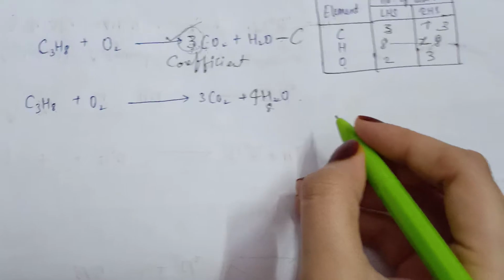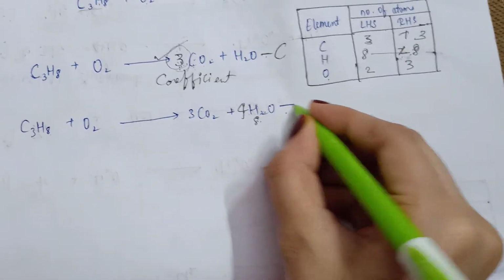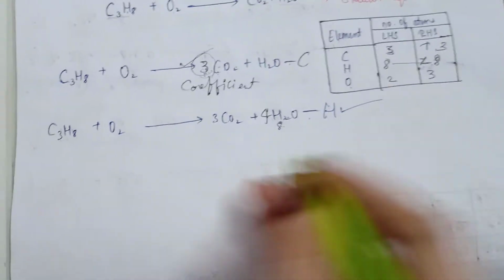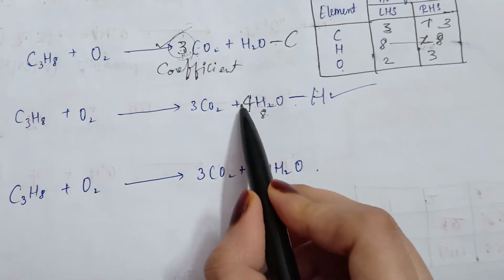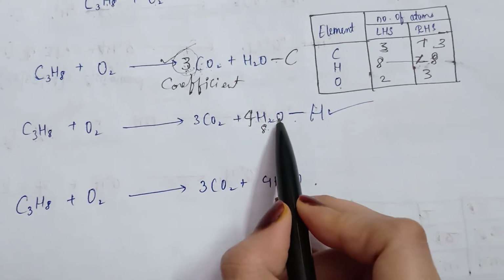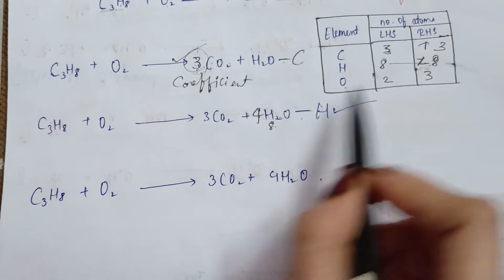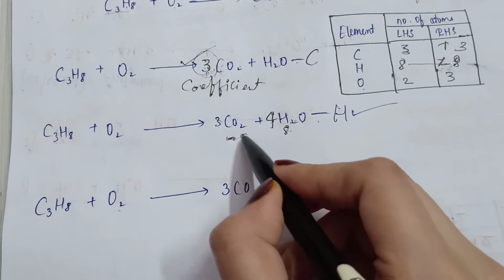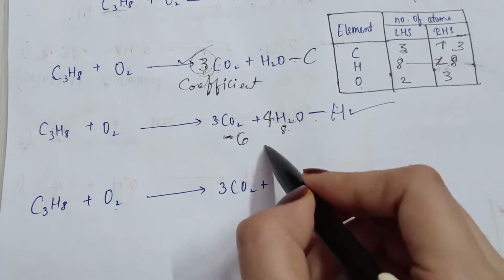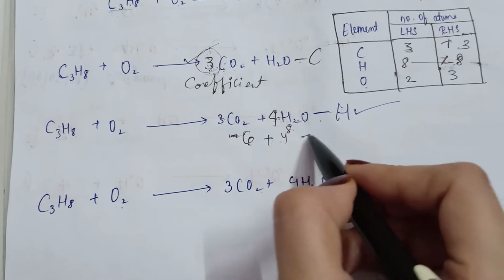We have balanced our hydrogen also in our next equation. Let's come to oxygen. While we multiply water with 4, here oxygen is also disturbed. So on the right hand side we have 3 times 2 is 6 oxygen, and here 4 oxygen. 4 plus 6 is 10.